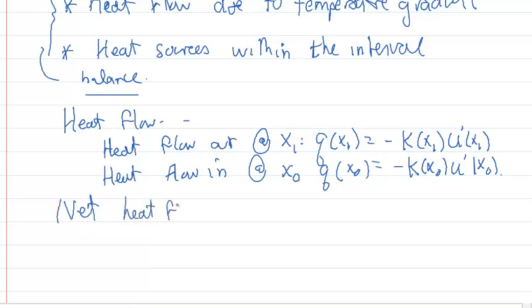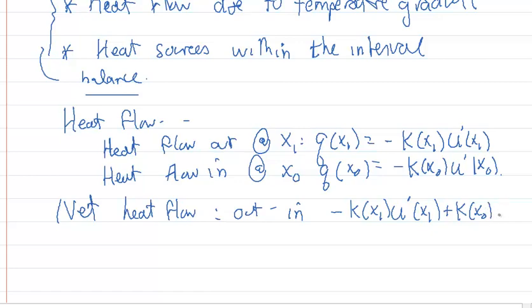Okay. All right, so we have a net heat flow. The net heat flow is simply the heat flow out minus in. So it's going to be minus kappa of x1, U prime of x1. And then I'll have a minus minus, which is a plus. And that's going to be kappa of x0, U prime of x0.